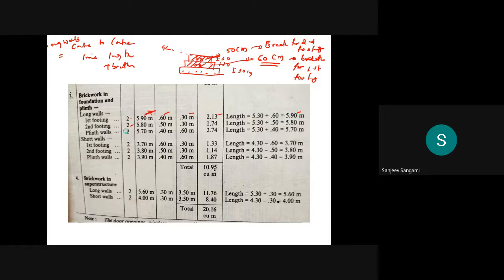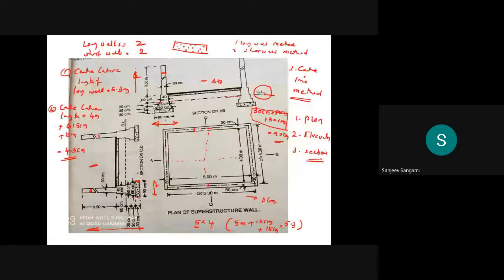Then the plinth wall. If you see the plinth wall, how much is there? This is your plinth wall. You can see the section here. This is your plinth wall, that is 40 centimeter breadth, and height is 60 centimeter.